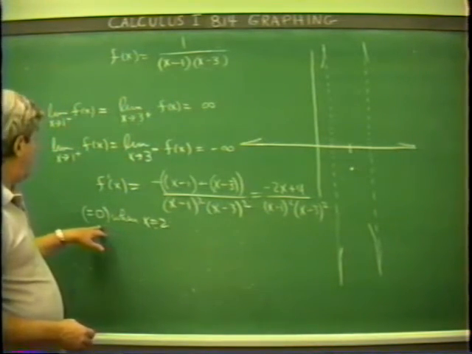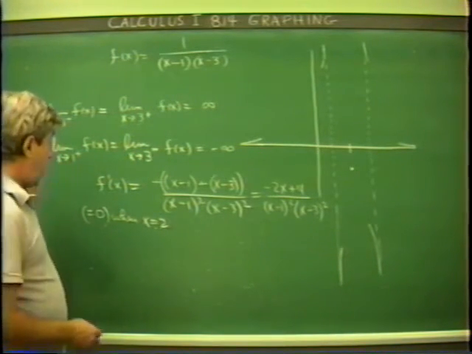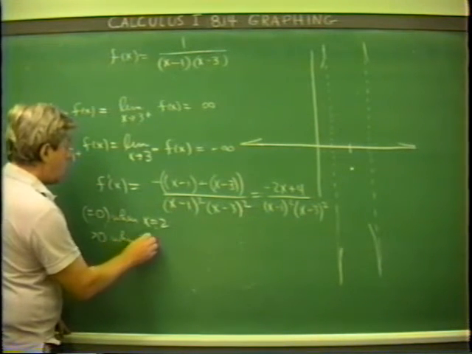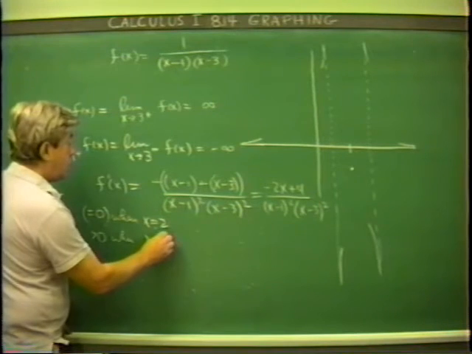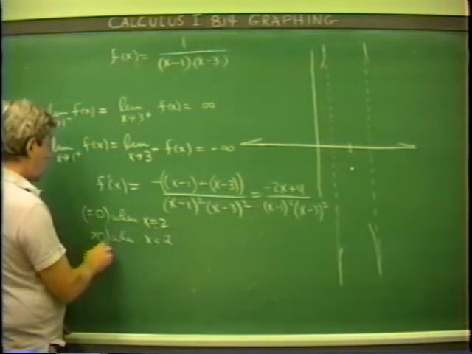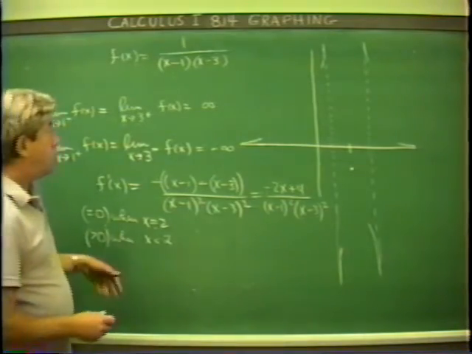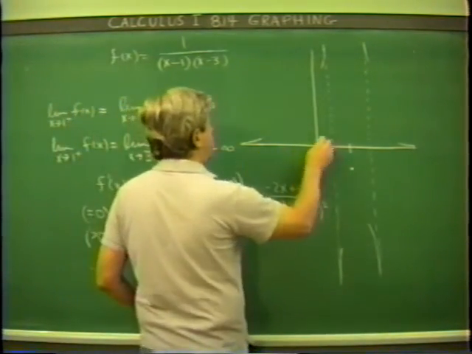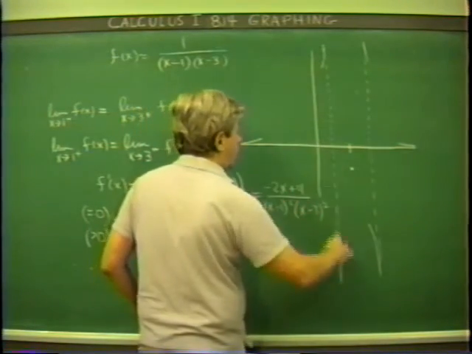All right. I'm going to draw this in at this point here. Because the denominator in the derivative is positive, the derivative is positive, so it's greater than 0, when x is less than 2.